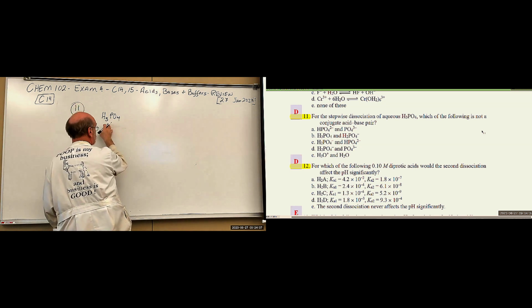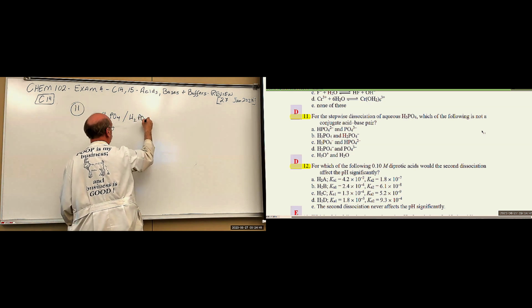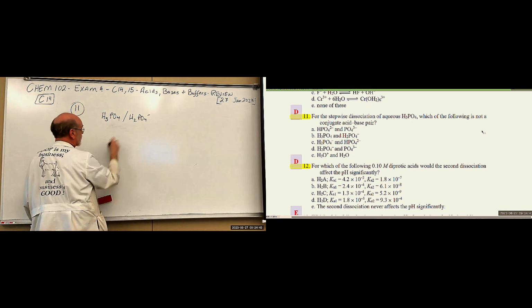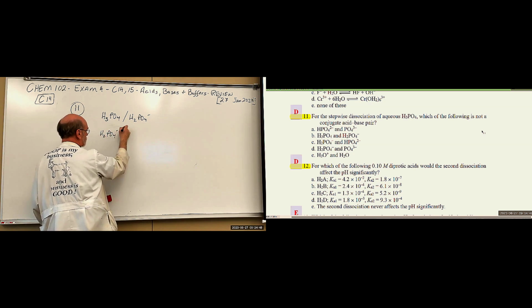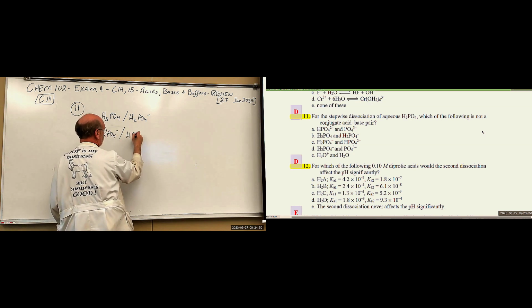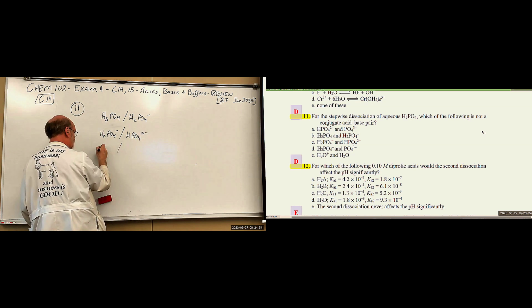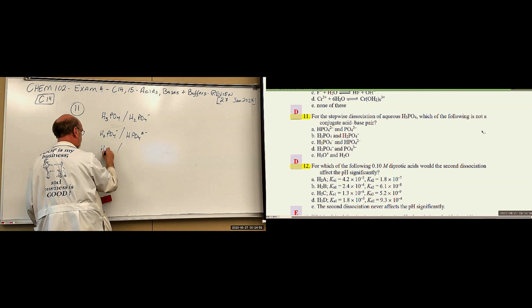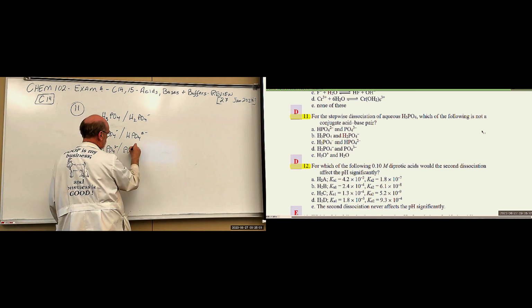So the first acid-base pair would be this one and lose 1 proton. The second one would take this one and lose another proton. And the last one, take that one as an acid and make the phosphate ion.